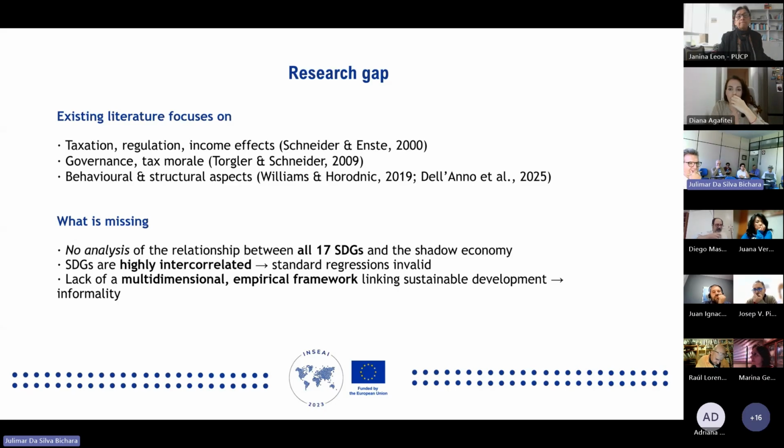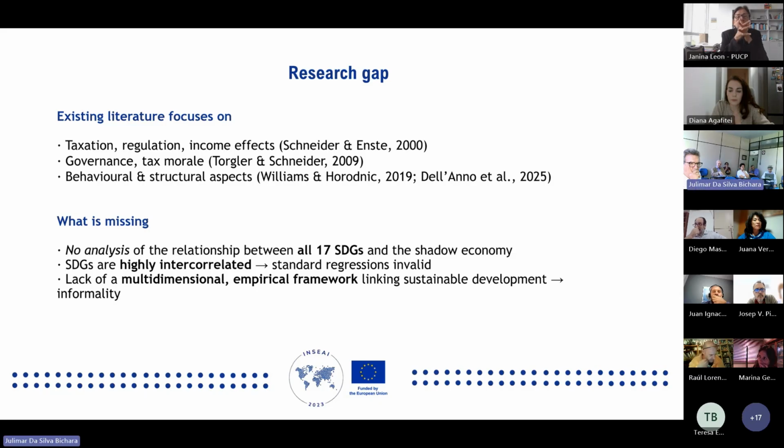But what is missing right now is an analysis of the relationship between all 17 Sustainable Development Goals and the shadow economy. One very important thing to highlight is that SDGs are highly correlated, so there is a lot of multicollinearity between them, and standard regressions won't work on this type of data.